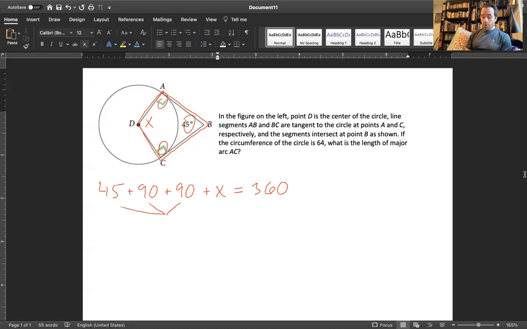And then the 45 on that is 225 plus x equals 360. So if you subtract 225 from both sides, we're going to get 135 degrees. So this angle right here is 135 degrees.